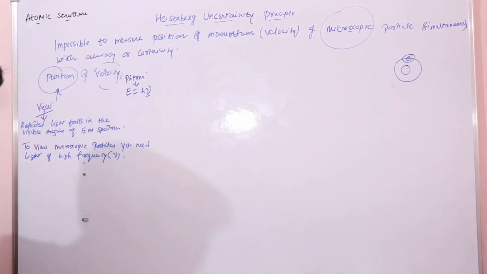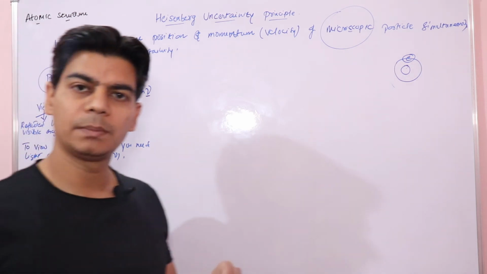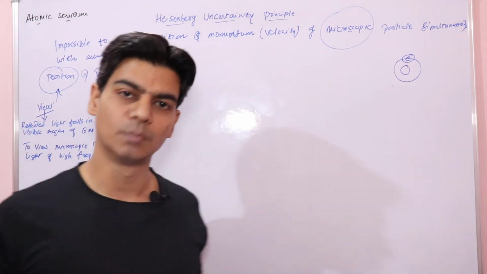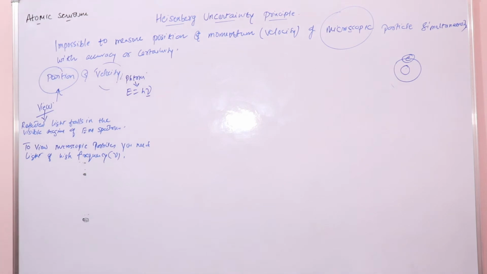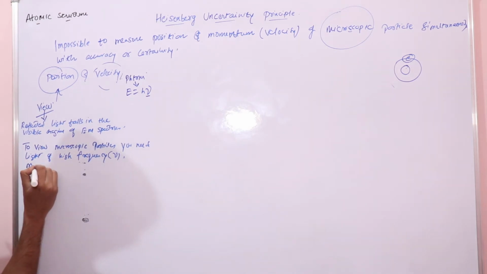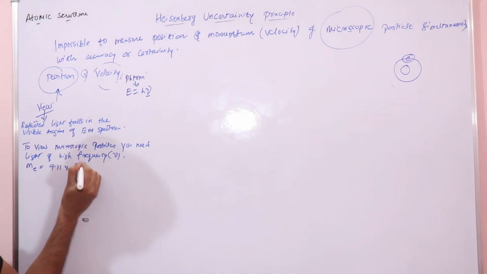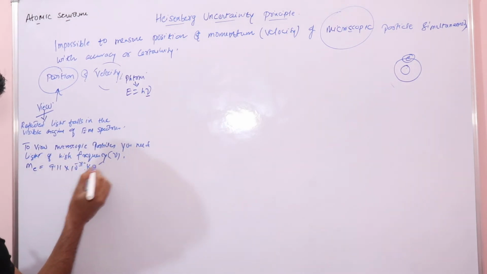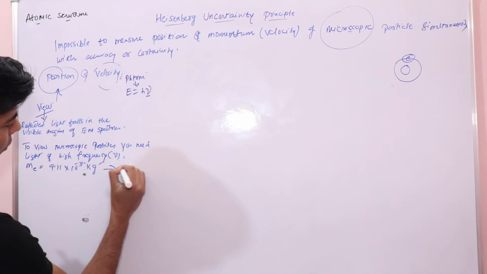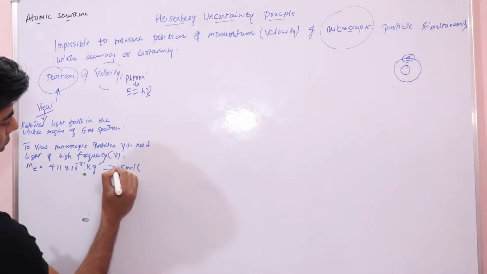Since the mass of microscopic particles like electrons is very small, for an electron the mass is 9.11 into 10 to the power of minus 31 kilogram, which we know is very small.